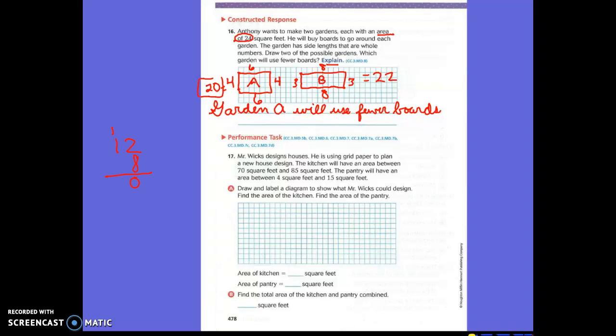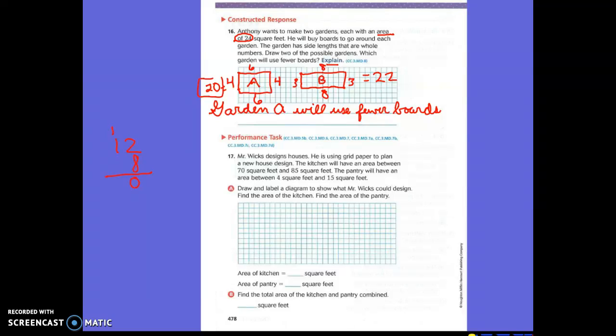Okay, you have to explain, so why is garden A fewer boards? Anna? Because it has 2 fewer feet for its perimeter. Okay.